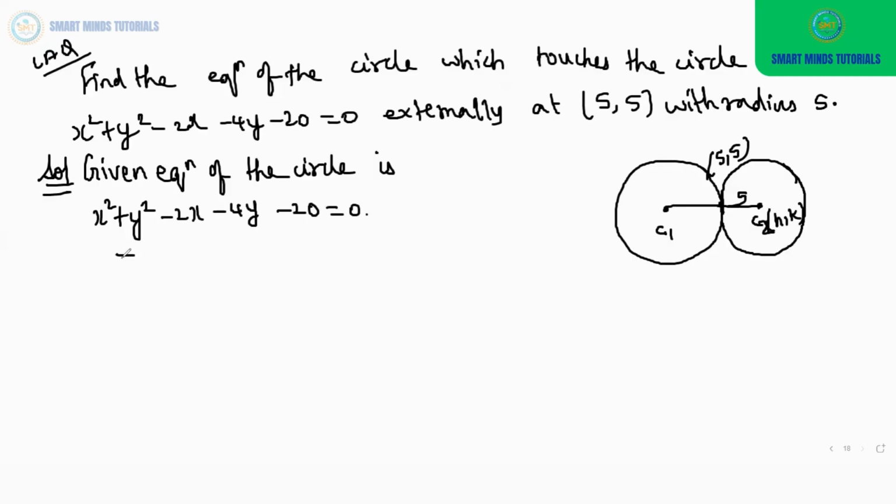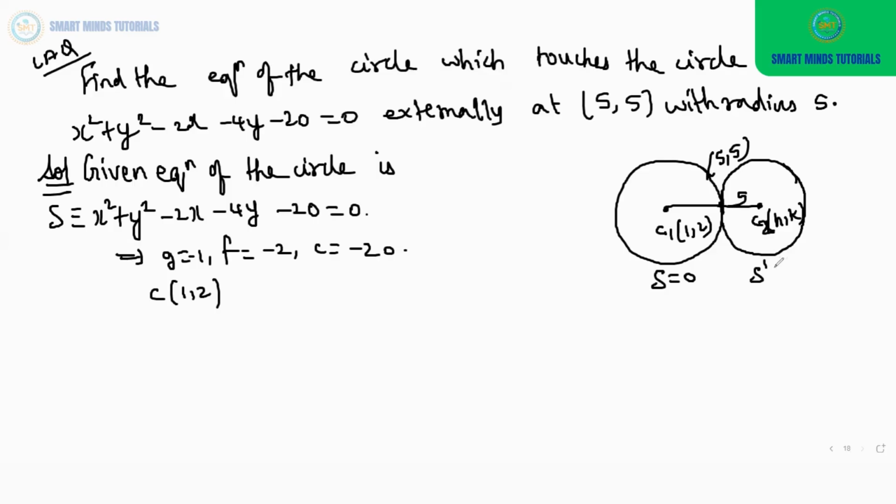From the given circle, we need to find g, f, c. g is minus 1, f is minus 2, c is minus 20. Center is (1, 2), which is known to us. Let us say the first circle is S equal to 0. This is S dash, which is not known to us. We have to find it out. So I have taken the center as (h, k), but the radius is given for that. Understood?